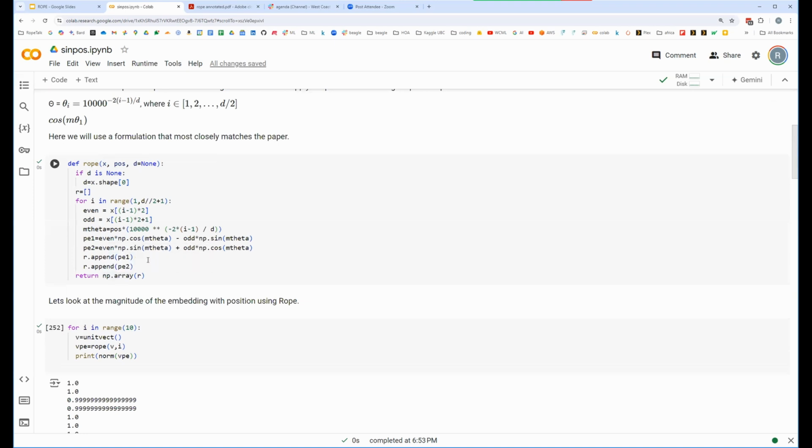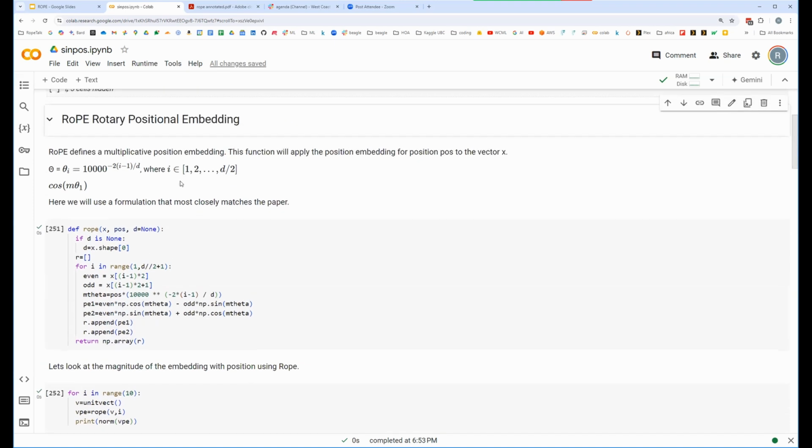I used the formulation that most closely matches this definition. So i goes from 1 to d/2, and then I plugged in 10,000 to the power of -2(i-1)/d. So I tried to recreate this same formula.